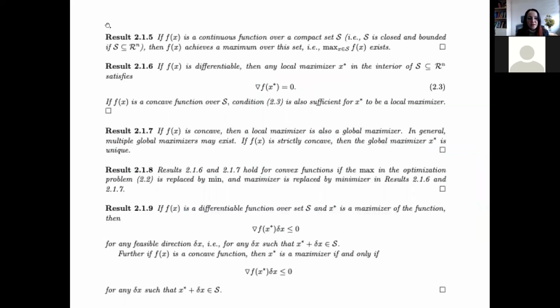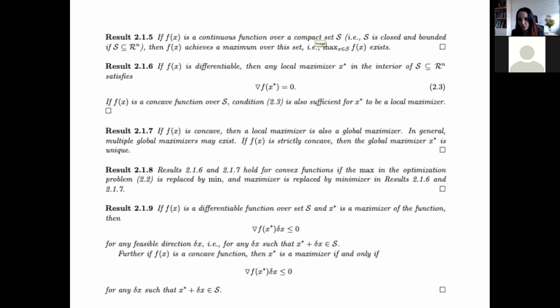So there are some corollaries of the definition of a local maximum and a global maximum. If the function f is continuous over a compact set, what is a compact set? S is closed and bounded, meaning it contains its boundary. This is not an analysis course.